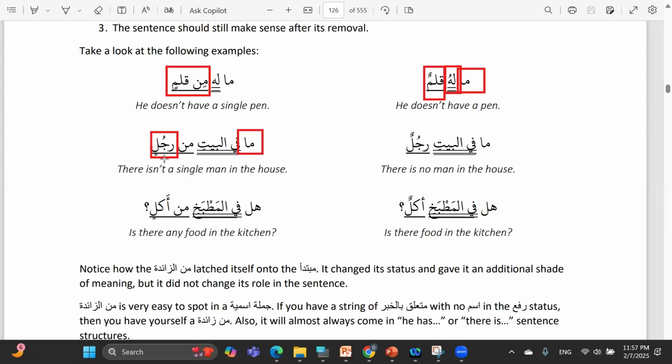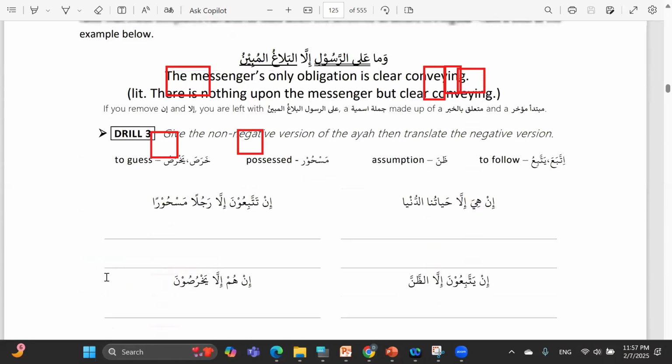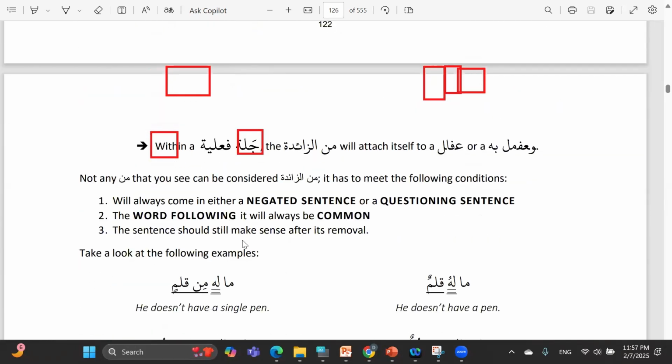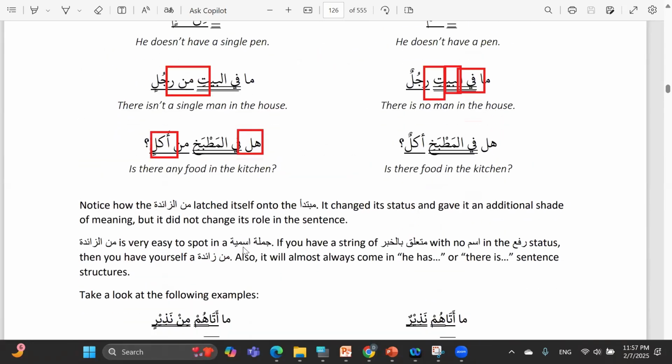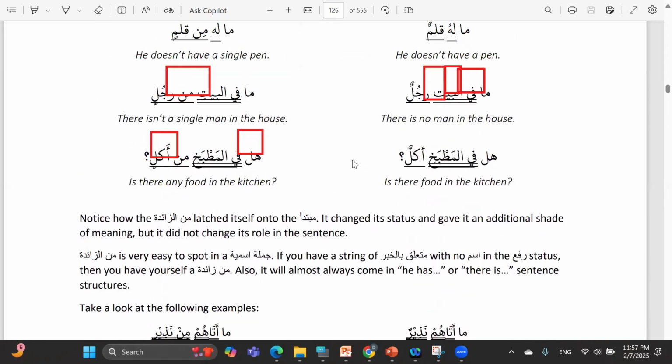And what is the third condition? The sentence should still make sense after its removal. So if you remove min zaida from ma fil bayti rajulan, then the sentence still makes sense.